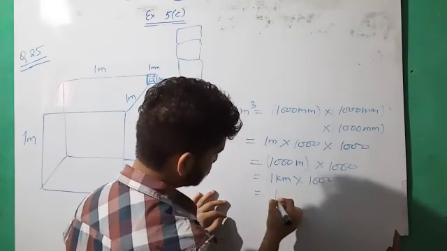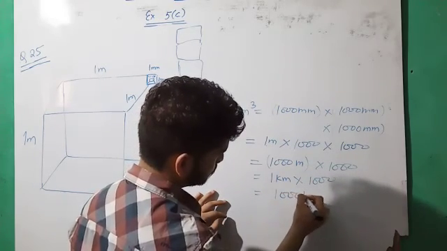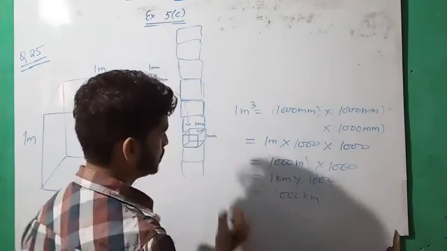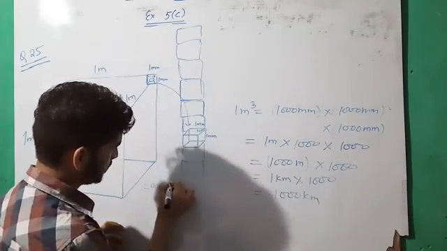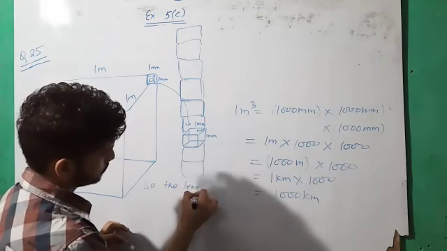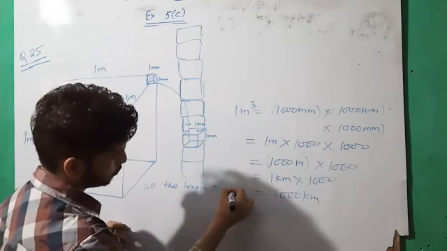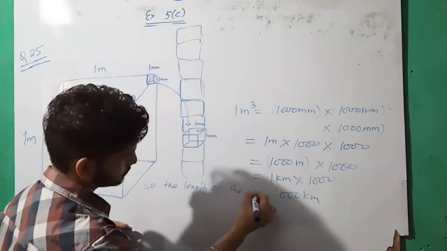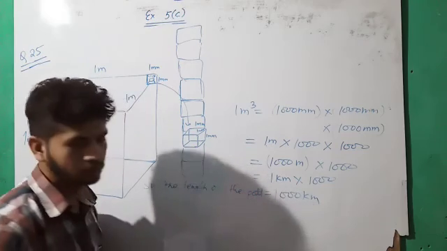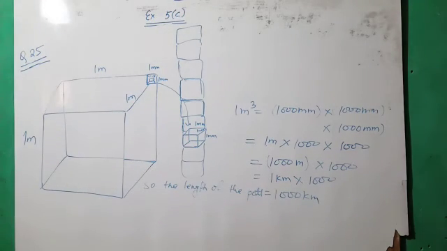So the total length of the pole is 1000 kilometers. So the length of the pole equals 1000 kilometers.